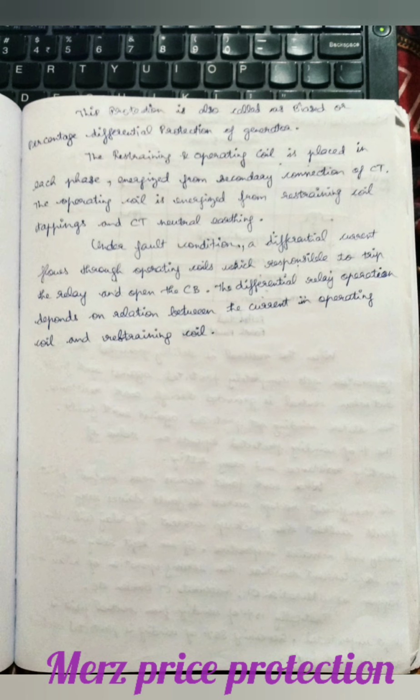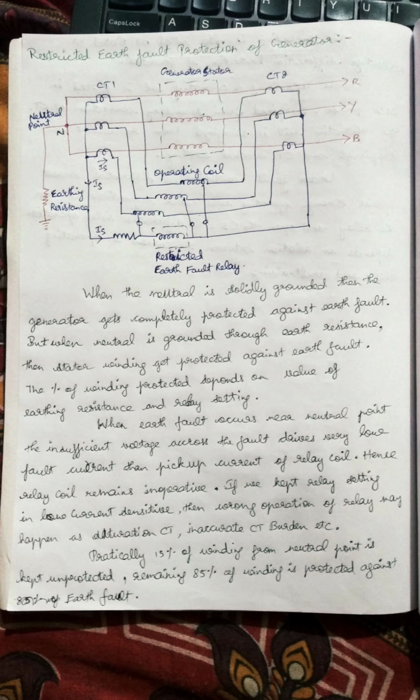The operating coil is energized from the restraining coil, and under a fault condition the differential current flows through the operating coil, which is responsible for the trip operation and opens the breaker.